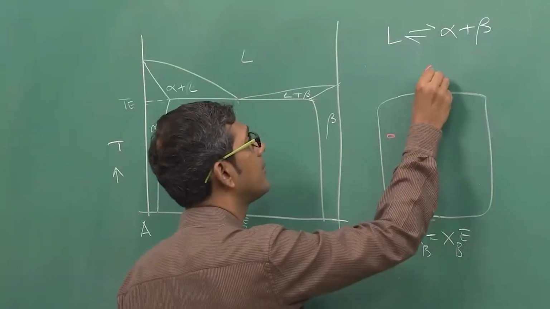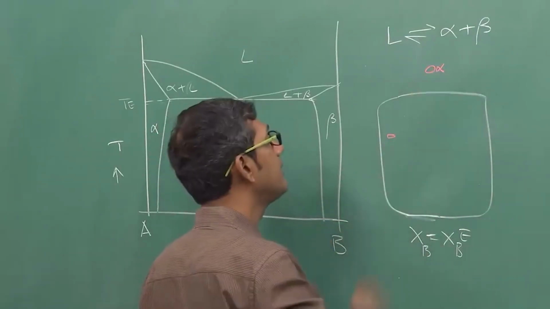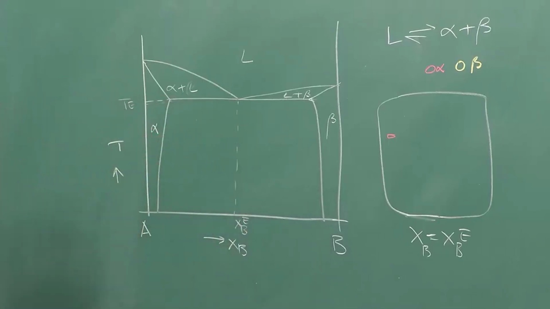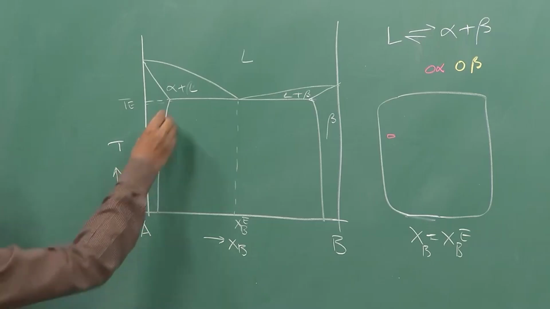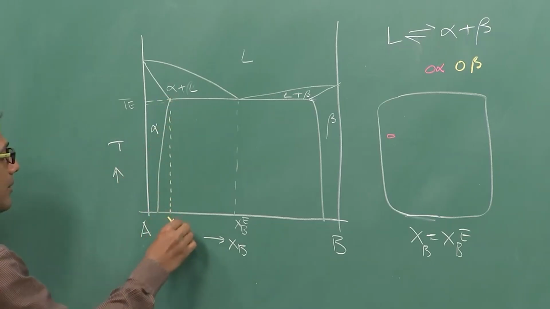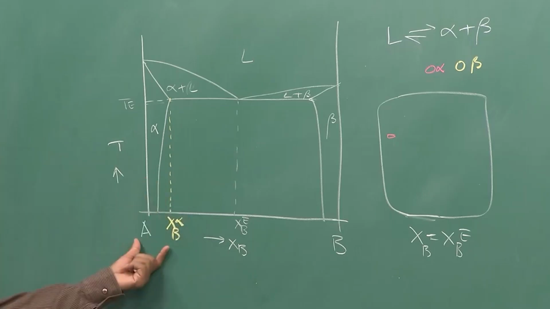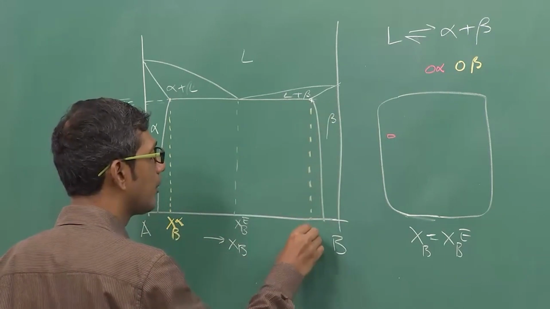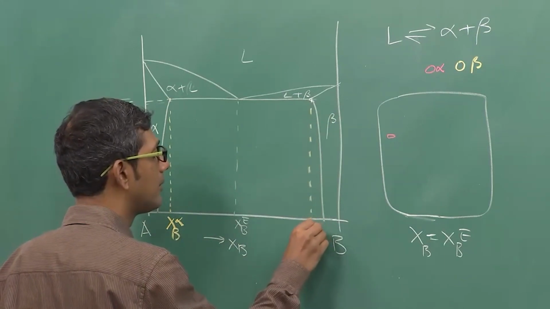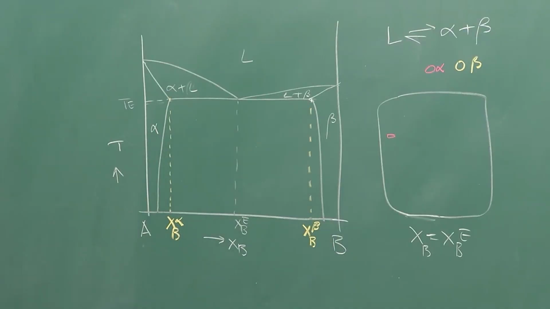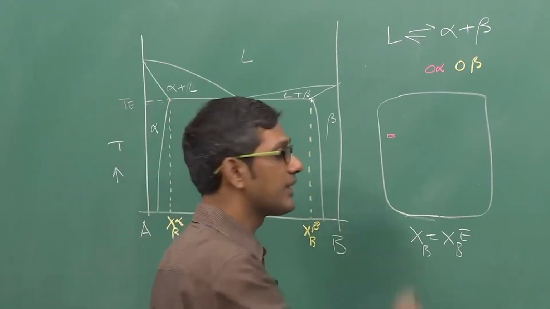This color is alpha and this color is beta. Once the alpha nucleates, what happens? See, alpha is basically an A-rich phase. If you look at it, the composition of alpha at the eutectic temperature is this, which is close to A. On the other hand, the composition of beta is close to B, so that means it is a B-rich phase. But the liquid has a uniform composition of XBE.